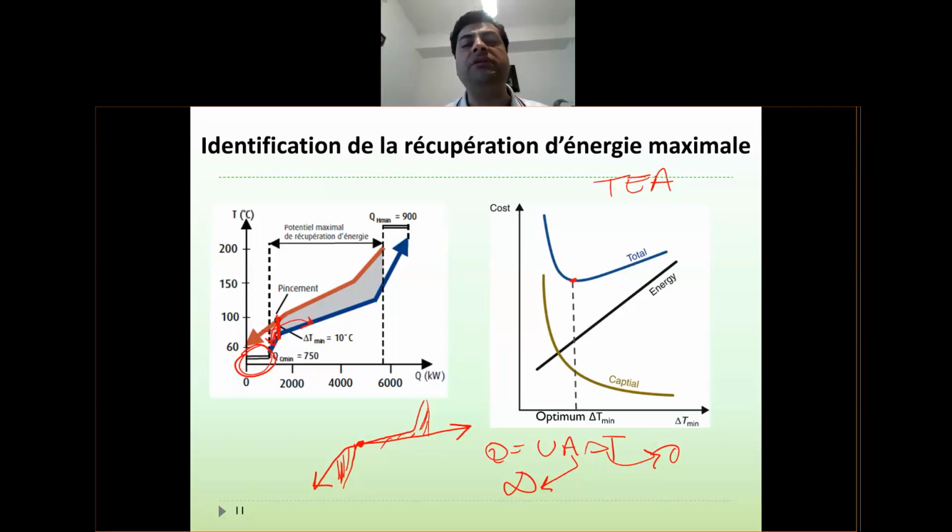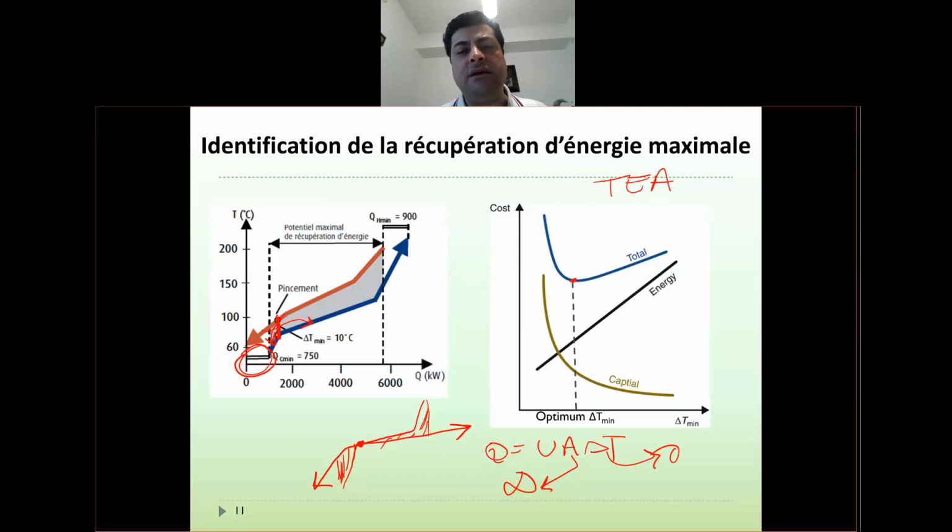It doesn't have to be fresh water from, let's say, the city or from a well, from somewhere. Therefore, it is very important that we also have an optimized network of water system.